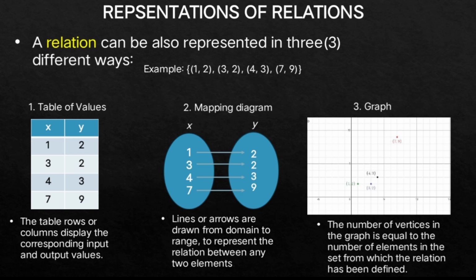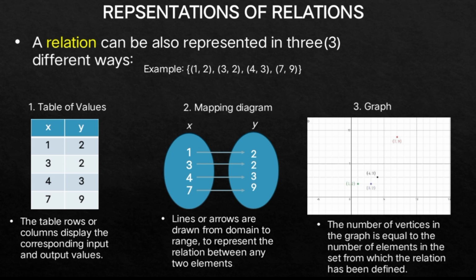Representations of relation. A relation can also be represented in three different ways: the table of values, a mapping diagram, and a graph. For a table of values, the table rows or columns display the corresponding input and output values.